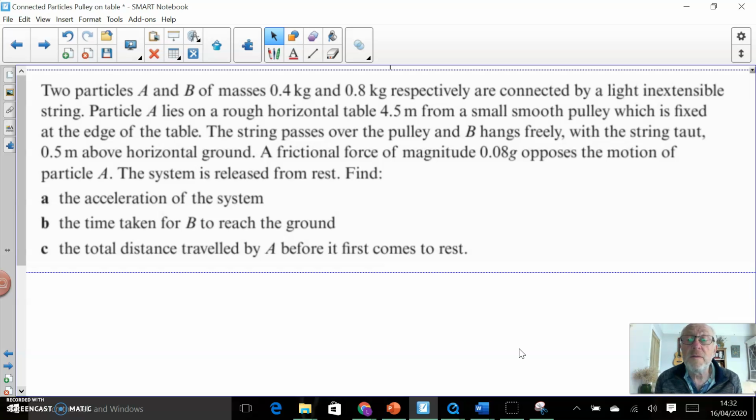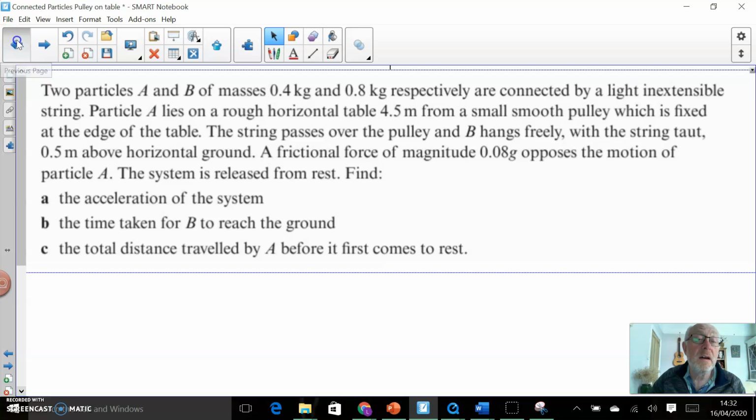A frictional force of magnitude 0.08 g opposes the motion of particle A. The system is released from rest. Find the acceleration of the system, the time taken for B to reach the ground, and the total distance travelled by A before it comes to rest.